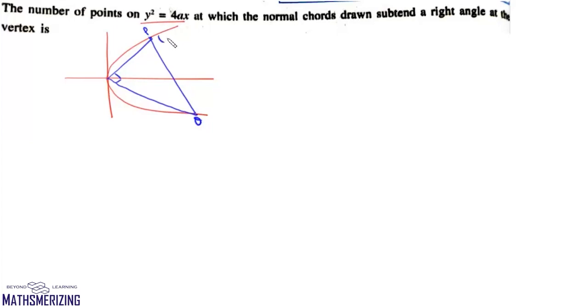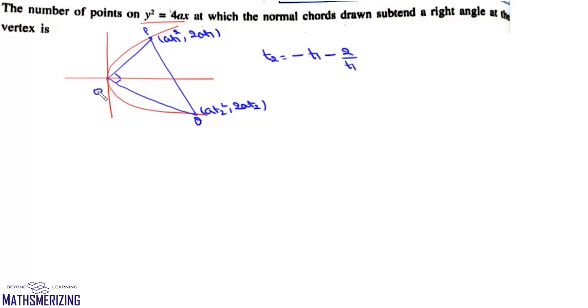So let this point P be (a t1 square, 2a t1), and this point Q be (a t2 square, 2a t2). Now we know that if it is a normal chord, then t2 is minus t1 minus 2 upon t1.